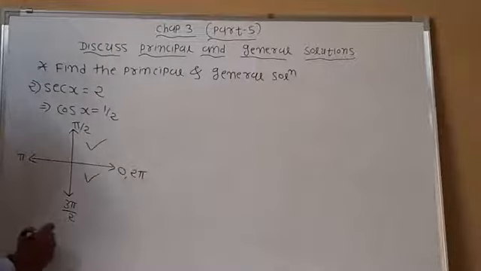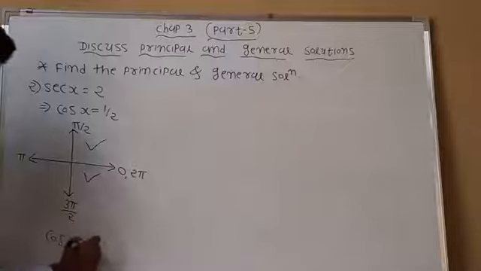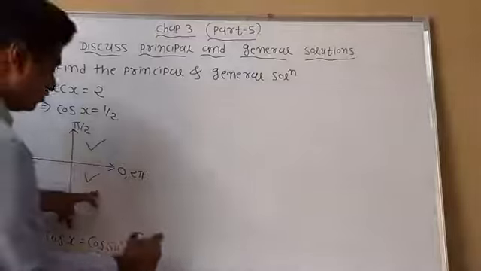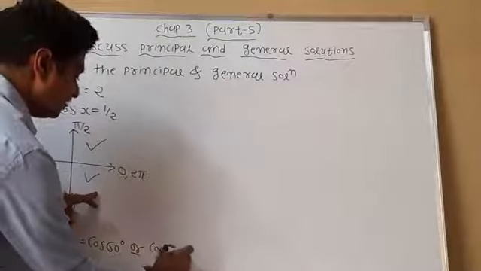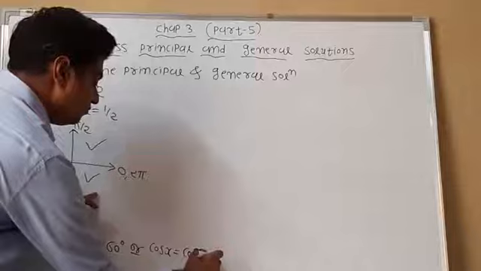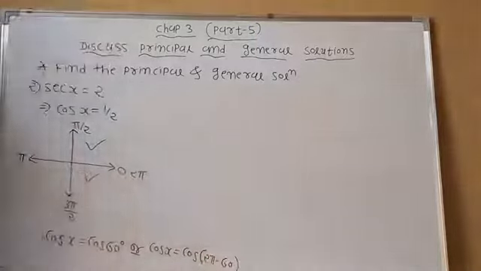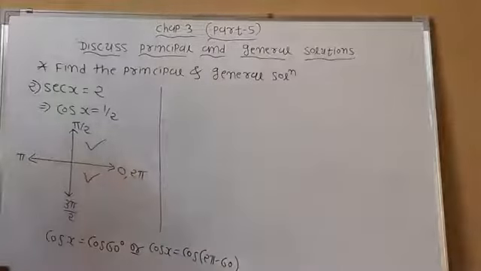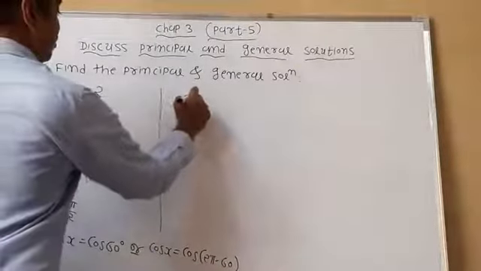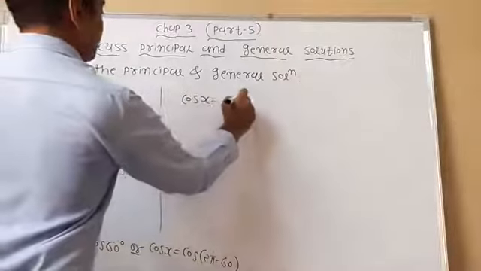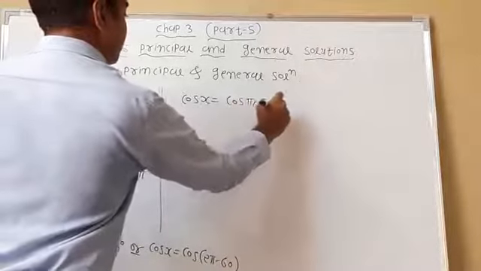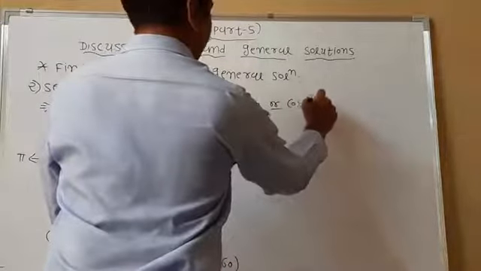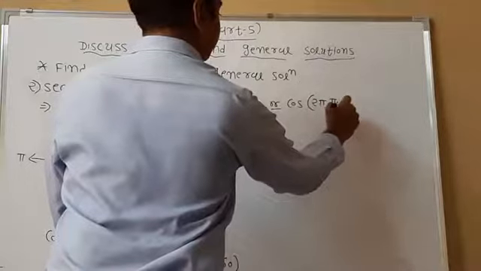So one value we get cos x is equal to cos 60 degree, or another value cos x is equal to cos 2 pi minus 60 degree. Now 60 degree in place of it written pi by 3. So here written therefore cos x is equal to cos pi by 3, or cos into bracket 2 pi minus pi by 3.